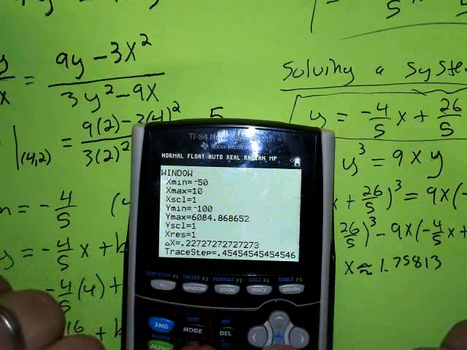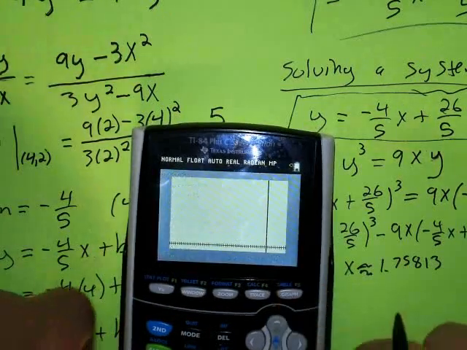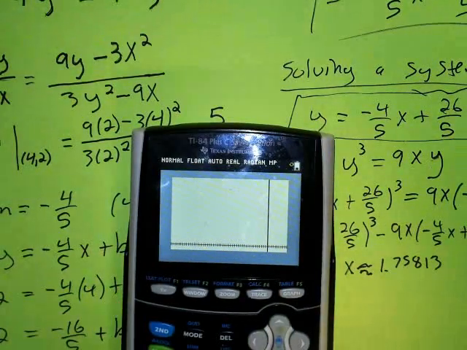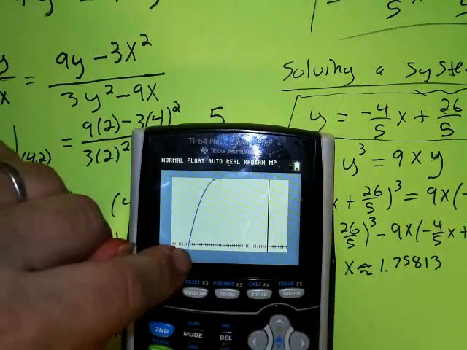So finally, let's just do negative 500. That'll be our last one. And that's plenty good. And you can see that it's intersecting way over here.